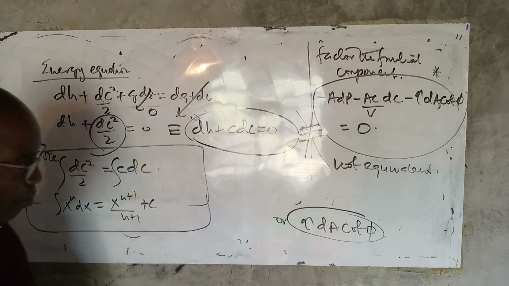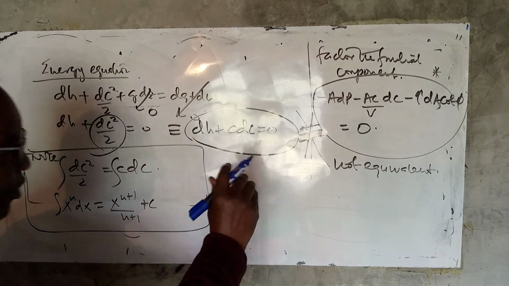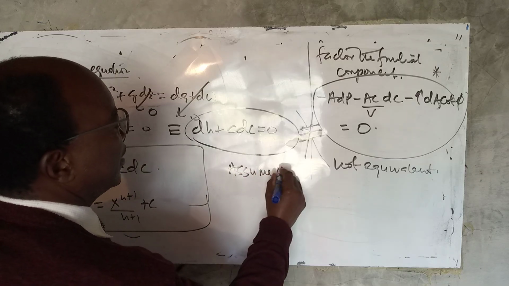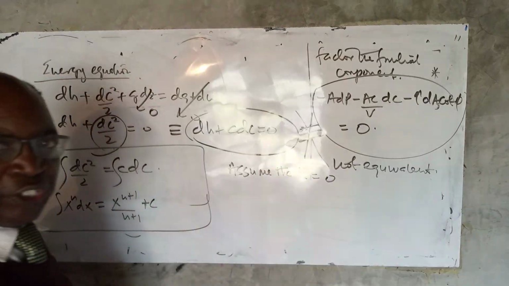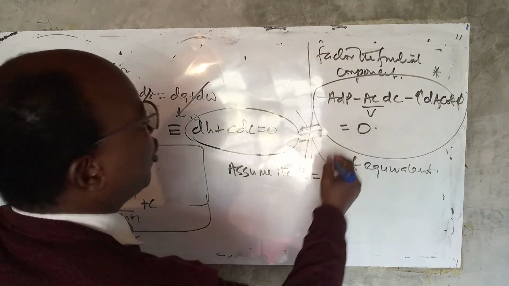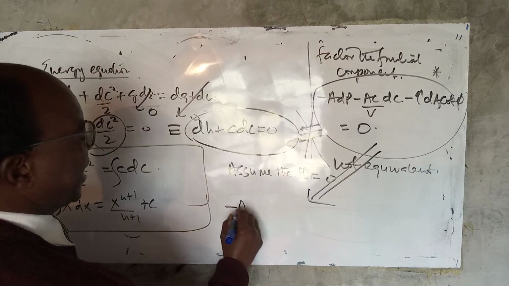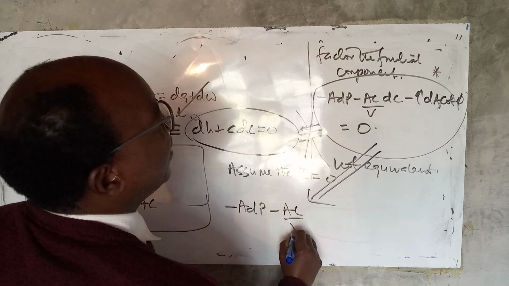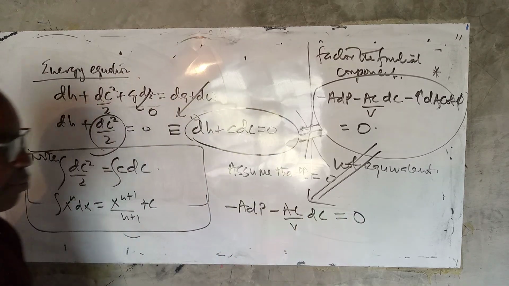But if we were to assume that tau is equal to 0, then that will vanish. Then this equation here will be reduced to minus A dP minus A C over V dC equals 0.